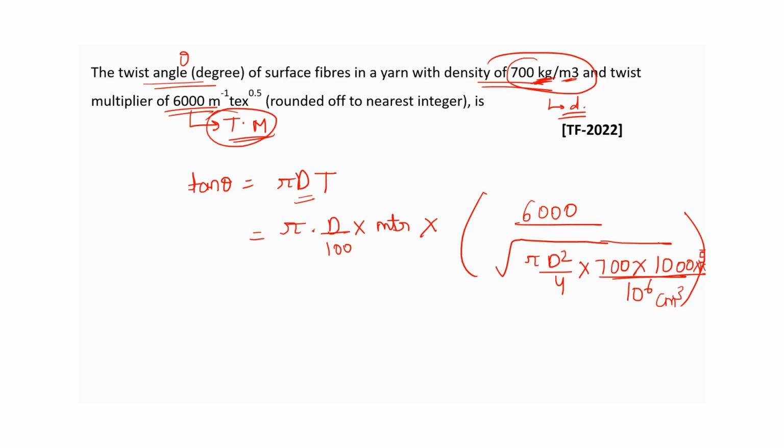Okay, then if you solve all these things, tan theta will come out to be root pi upon root pi, everything will get cancelled, and it will come out to be 6 into 2 upon under root 7.